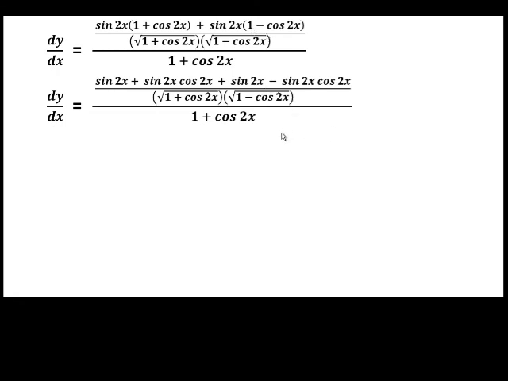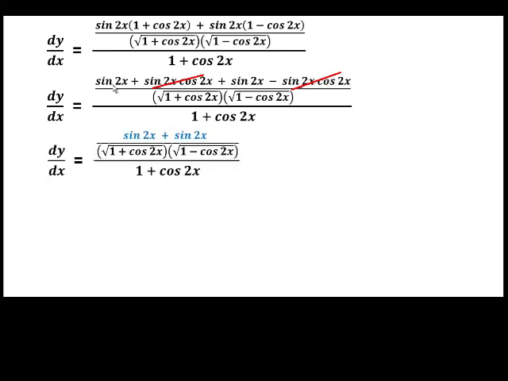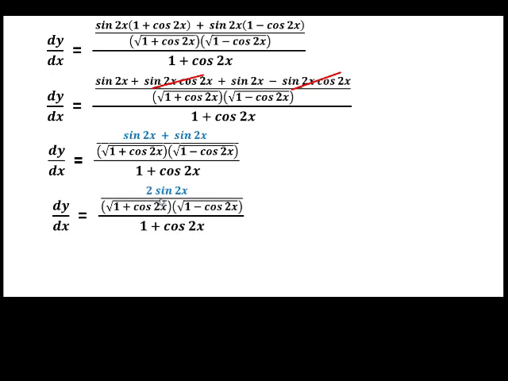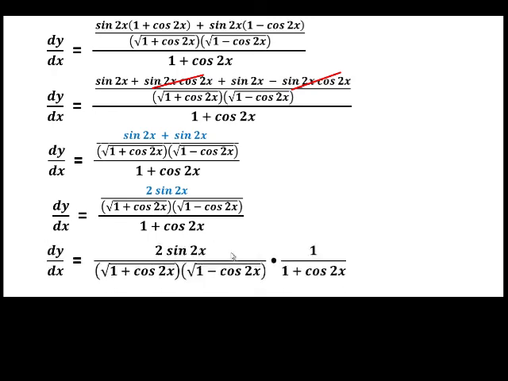Then take note of the opposite signs. They are cancelled out. So we have sine 2x plus sine 2x. Combine them. Then perform the operation of complex fraction. Here we have 1 plus cosine 2x, the same quantity. The exponent of this quantity is 1/2 and the exponent of this quantity is 2/2 or 1.